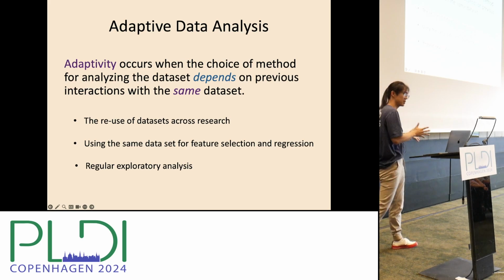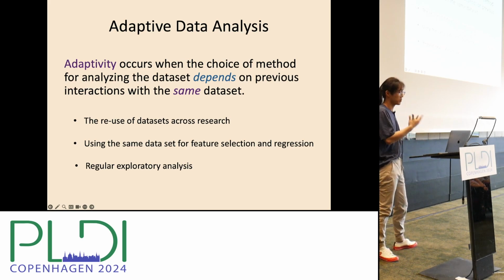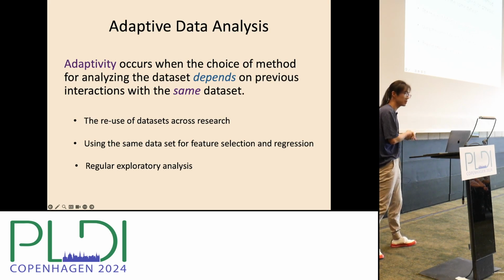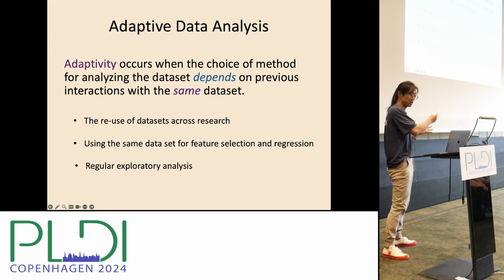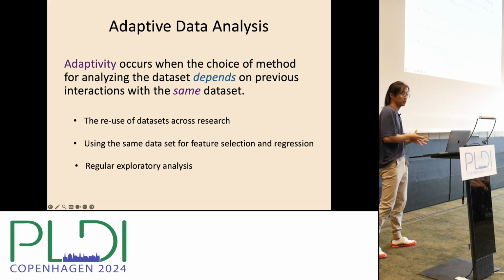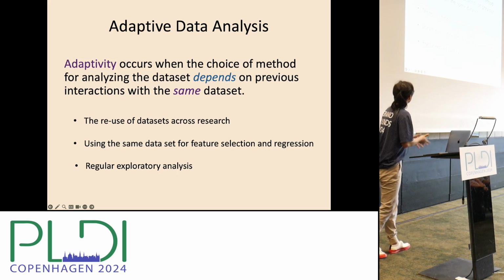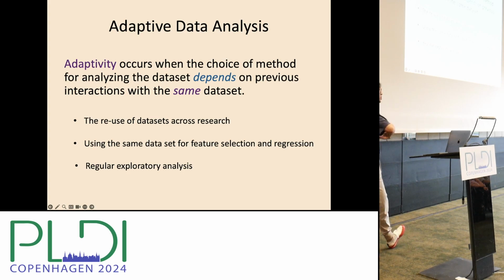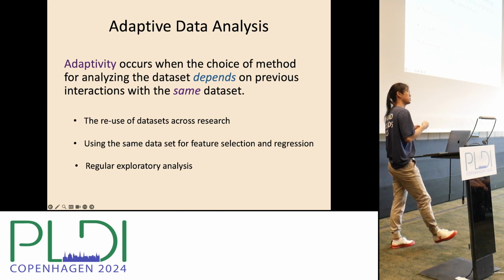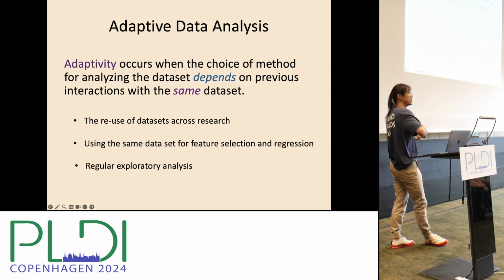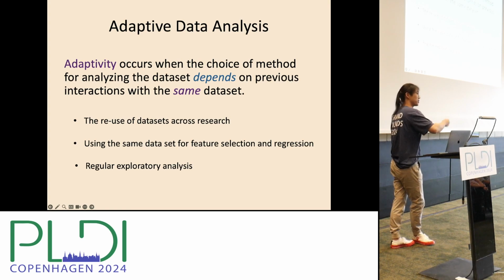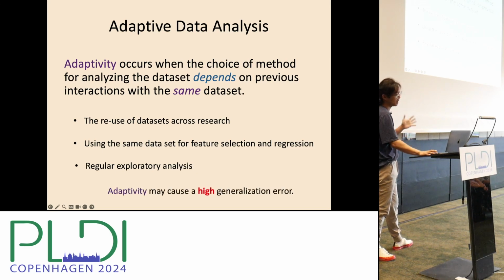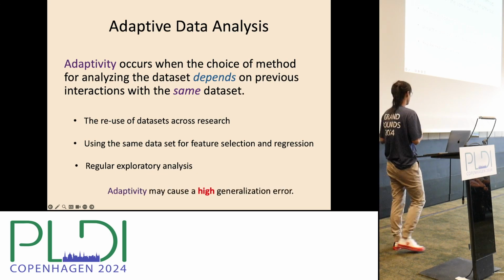It happens when people reuse the data set across different projects during collaborations, or in machine learning when they use the same data set for feature selection and regression, or in regular exploratory analysis, when analysts design which queries to run after they see the result of a previous query. And this adaptivity will cause high generalization errors.